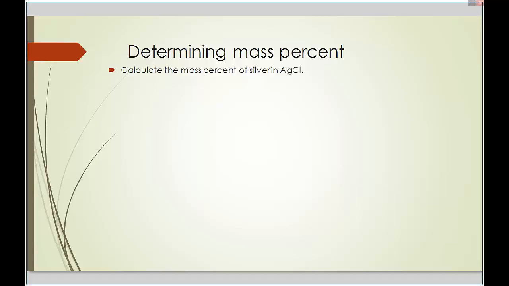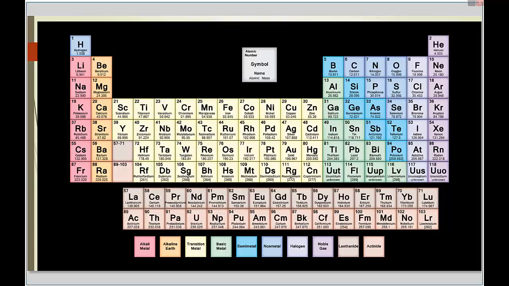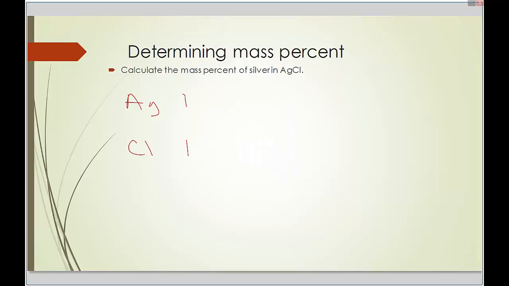So here, the first thing you want to do is figure out the molar mass. So we have Ag and Cl. We have 1 silver and 1 chlorine. If we look on the periodic table, we find that silver is 107.9, or 107.858 if you want to use the whole number.